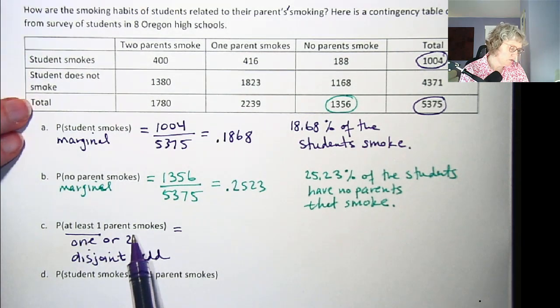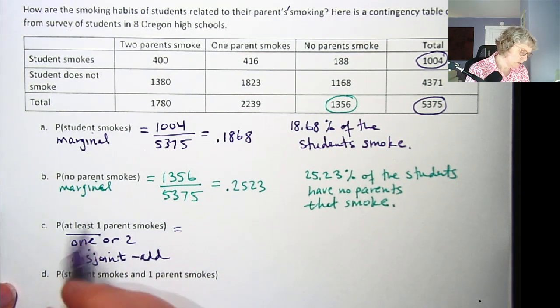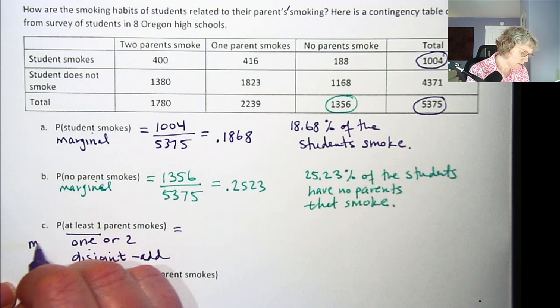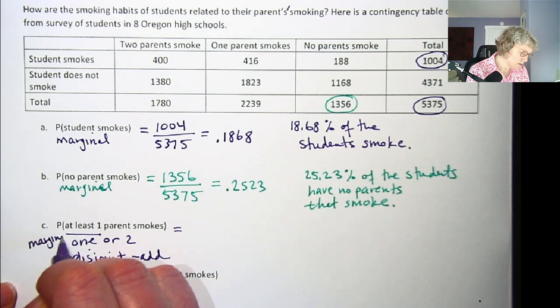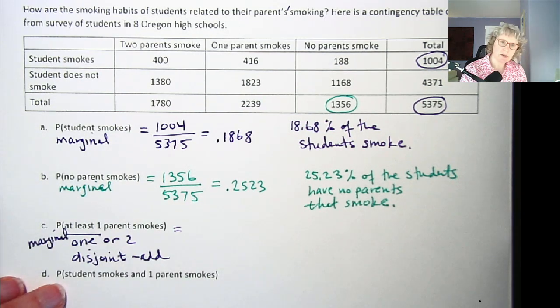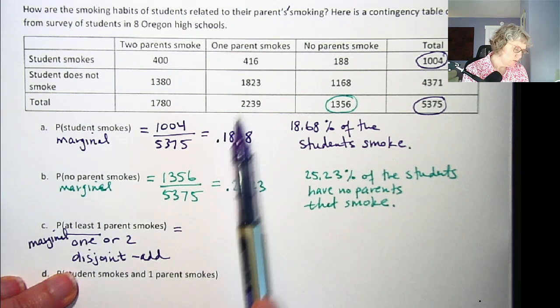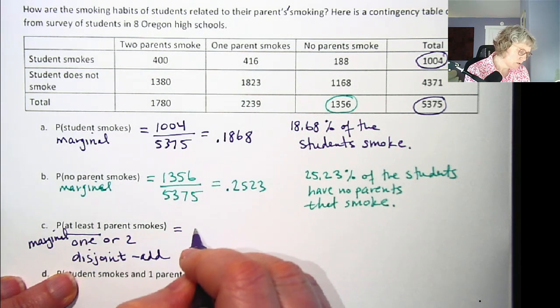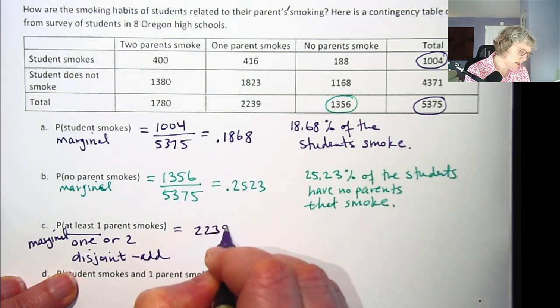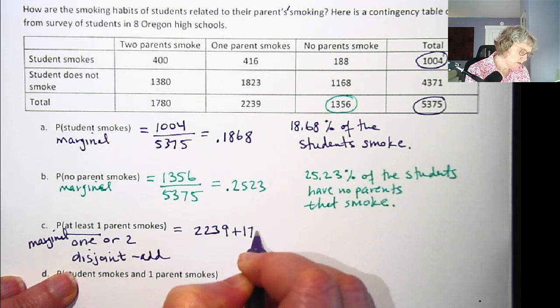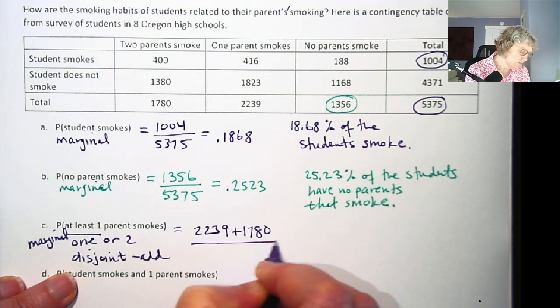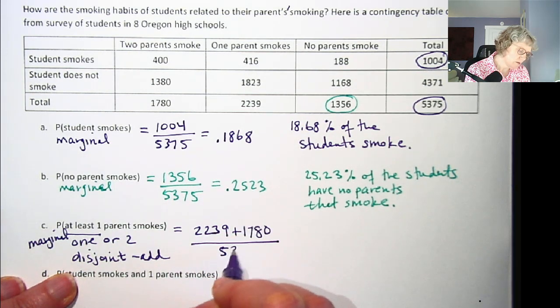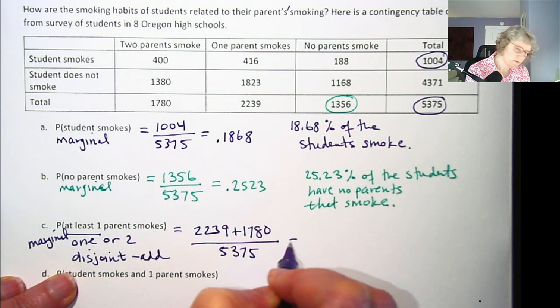Again, we're in the total, we're in the marginal. I'll put marginal as well, because we're only talking about the parents. We're not talking about the students themselves. So this would be 1 parent or 2 parents smoking: 2,239 plus 1,780 out of 5,375.